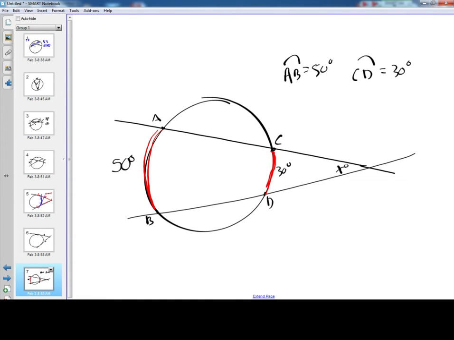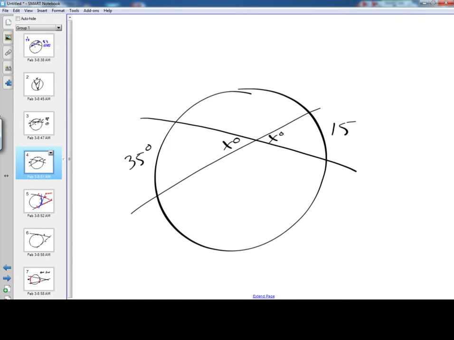So if you do the opposite, then why don't you multiply instead of divide? Like, you do the opposite of addition, why don't you do the opposite of division? Because here we added and then divided by 2. Oh, I see what you're saying.